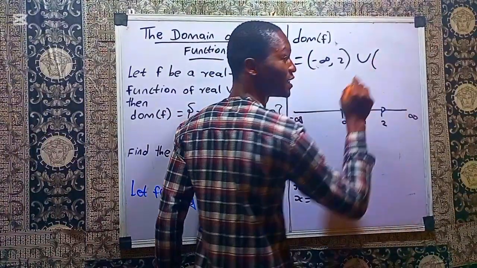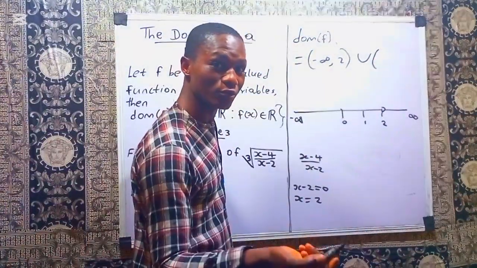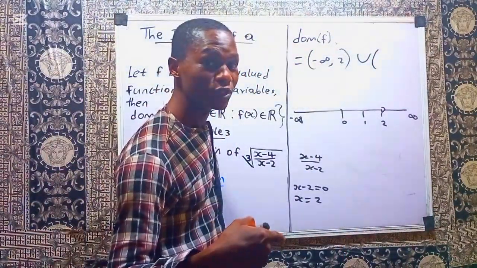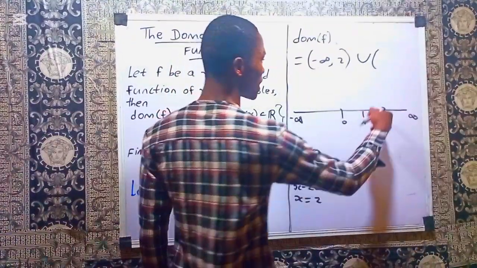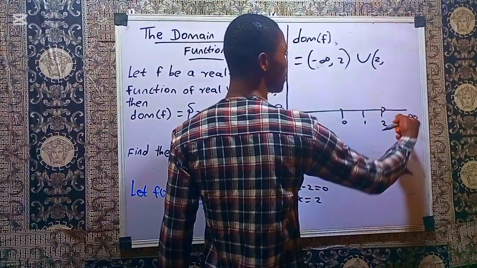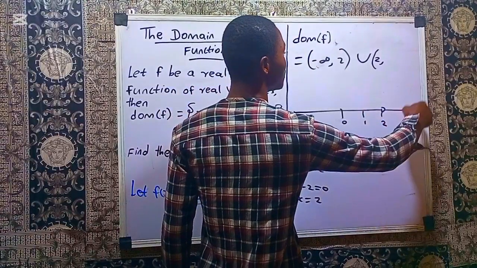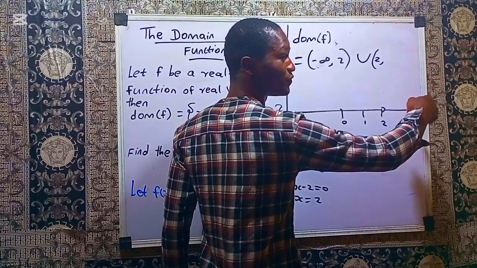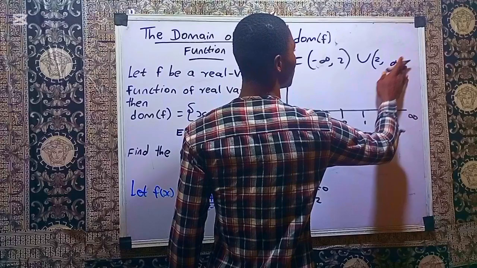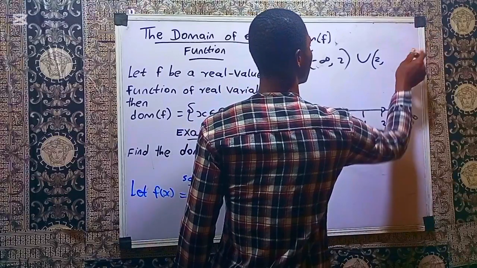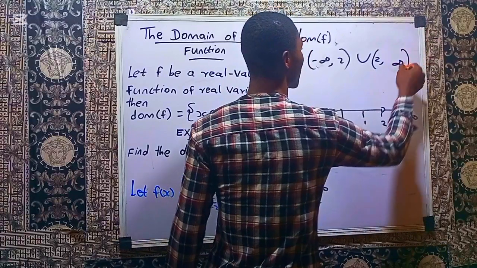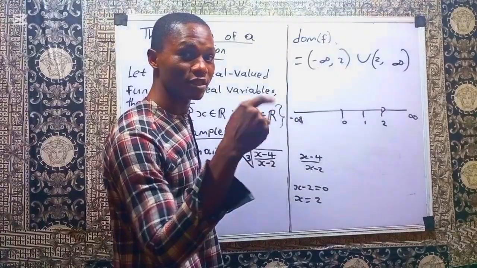So use an open bracket for 2 because 2 is not inclusive. If the point is inclusive, use what? Close bracket. Because we are removing 2, it is only 2 we are removing. Then towards infinity, you write your infinity, and you use an open bracket for infinity because infinity is not a real number.